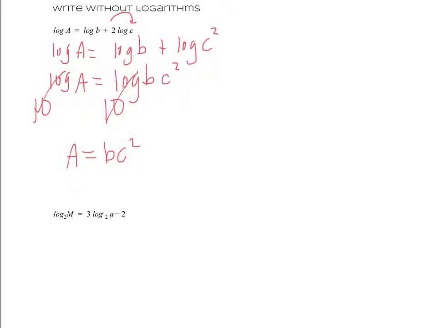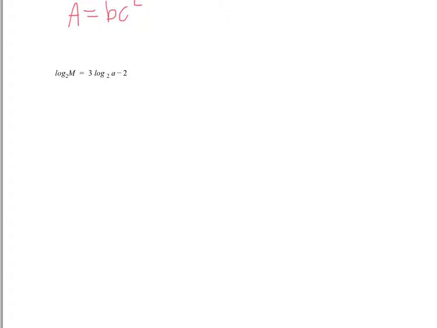And let's try this for our last problem right here. And we see the same thing. This gives me log base 2 of m equals a minus 2 times 3 log base 2.